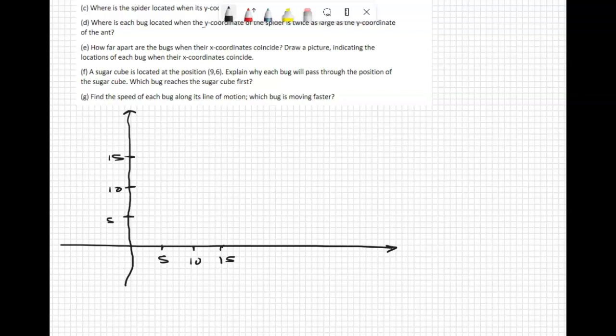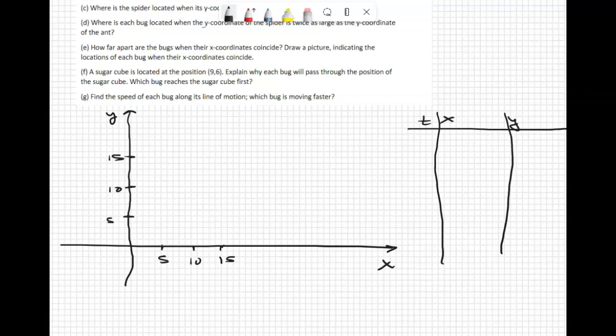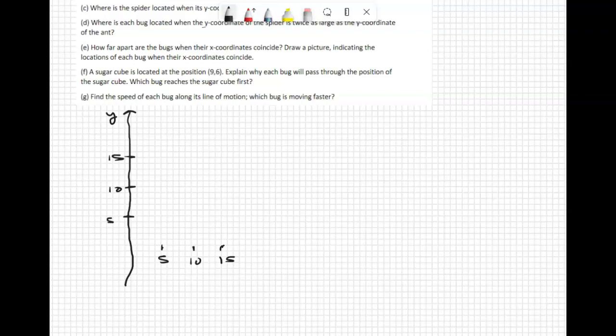Now to help us keep track of what the spider and ant are doing, I'm going to make a table. I'm going to make a table with time in the first column, and then we want to graph this in the xy plane, so we want the x value and the y value. Maybe I should make a bigger table because I want to have both of them together so we can compare.